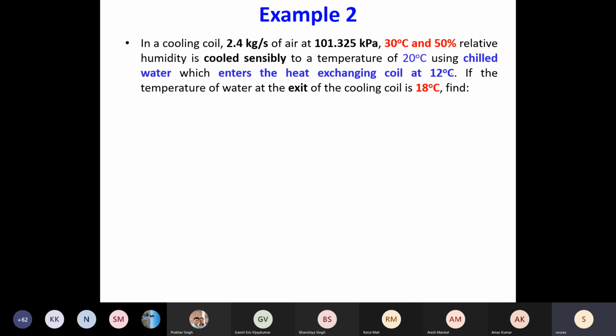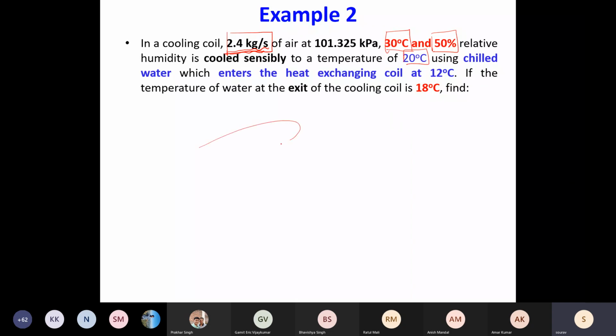So this is an example problem. You have a cooling coil, with air at this rate. If nothing is mentioned, you assume this as the mass flow rate of dry air, 2.4 kg per second of dry air. This is incoming into your cooling coil at 30 degrees C and 50% RH, and it is sensibly cooled to 20 degrees C using chilled water, which enters the heat exchanging coil at 12 degrees C. So this is not a refrigerant cooling coil.